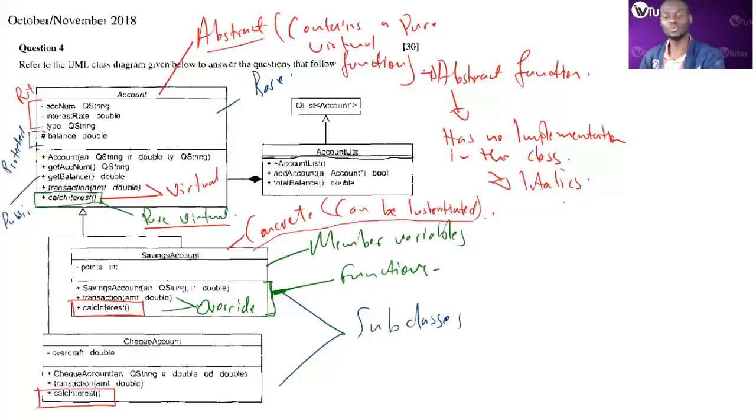Therefore, it must be included. And it's not like they won't give you this function in the subclass in the exam. They'll show you that it's pure virtual, and they'll also include this same function here, just like they did here. They won't ask you to go and fix it or include it. It will be there, but you must know that it's there because it must be there.